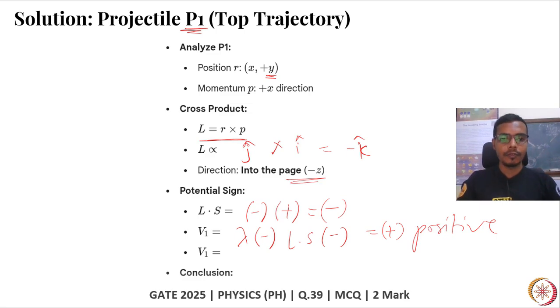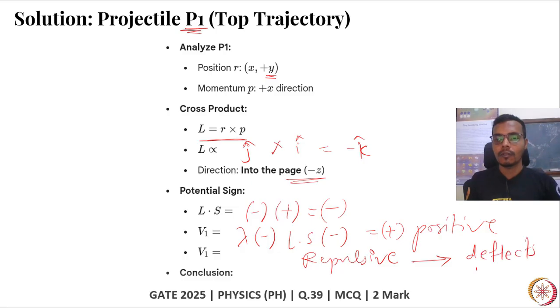So two negatives make a positive. A positive potential means the force is repulsive, and it deflects to plus y. This is important.